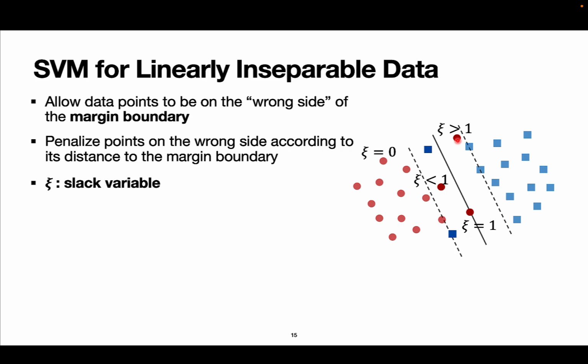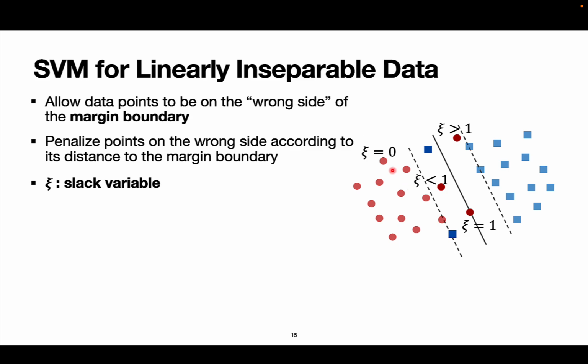So if some points violate the margin, we can't keep the constraints as before because it's going to make the problem infeasible to solve. The key idea to deal with this case is by introducing a slack variable denoted by xi that keeps track of these violations.